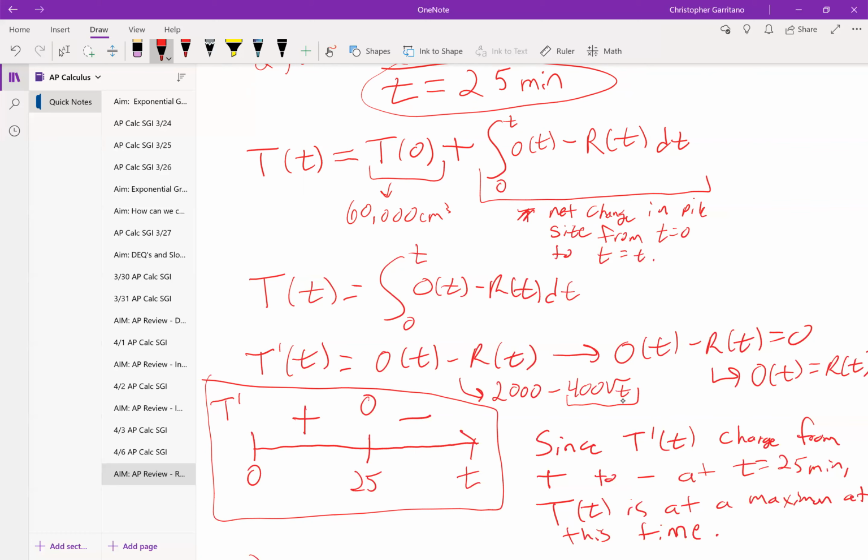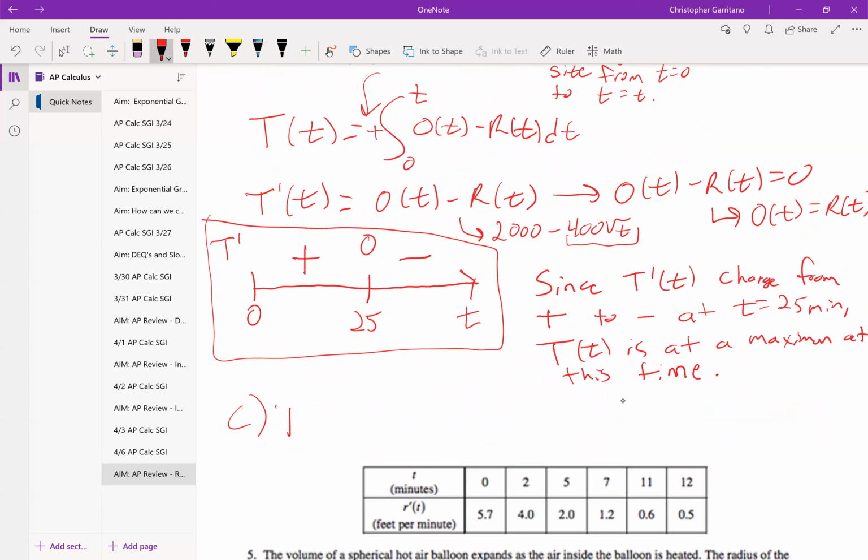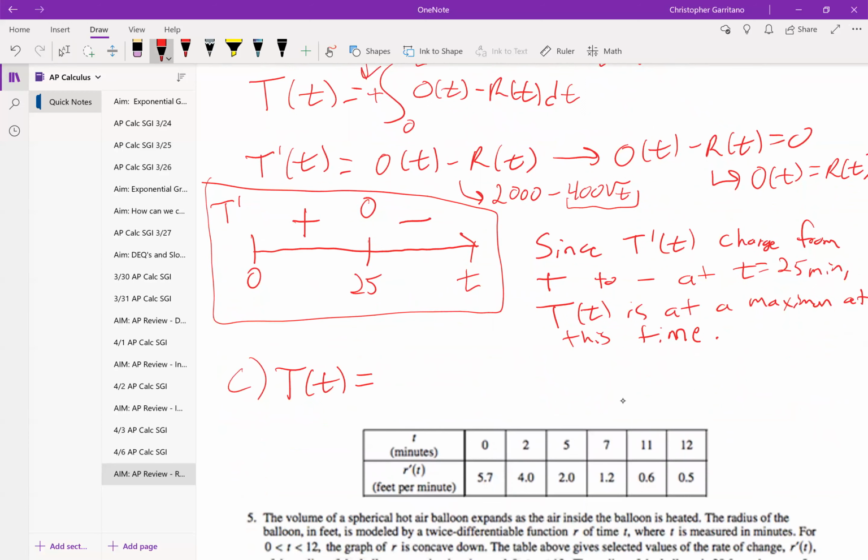But what I do want you to notice is that when we take the derivative, that 60,000 does not come into play at all. So our previous answer is still perfectly fine. But going into part C, big T of t is going to be found by taking the amount of oil at time 0.